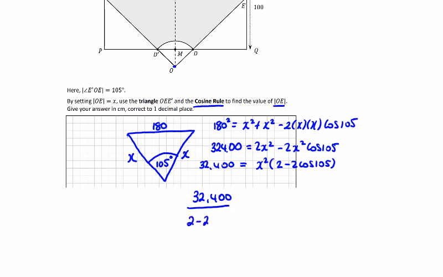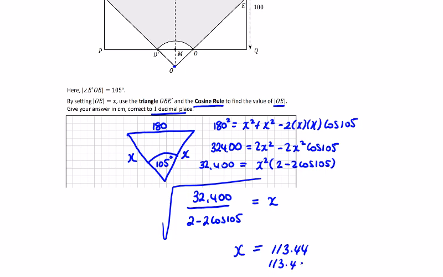If I divide by 2 minus 2 cos 105, that will be equal to x squared, so get the square root of it, and we should get x. X is equal to 113.44, one decimal place, 113.4 centimeters.